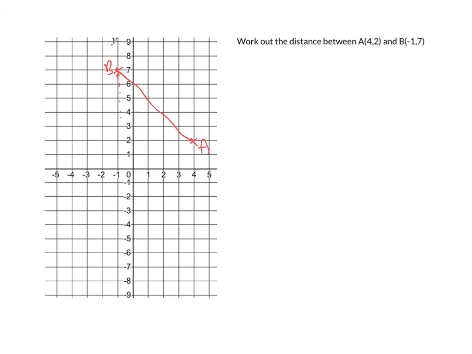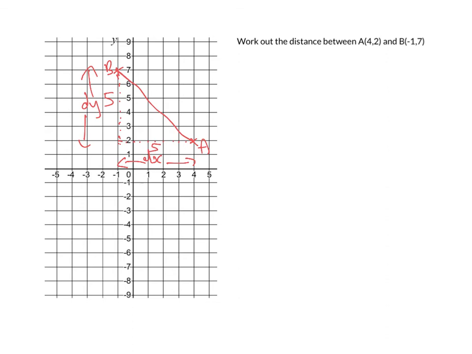What we're doing is creating a right angle triangle, which is our differences in the x-axis and our difference in the y-axis. So this is the difference in the y-axis, because we're going in the y direction. So 7 take away 2 is 5, and the difference in the x-axis is this one, because this is the horizontal x direction, and that's 4 take away -1, which makes it 5.